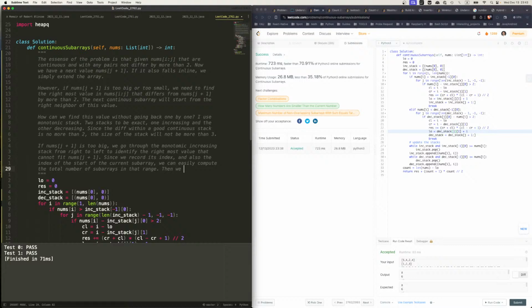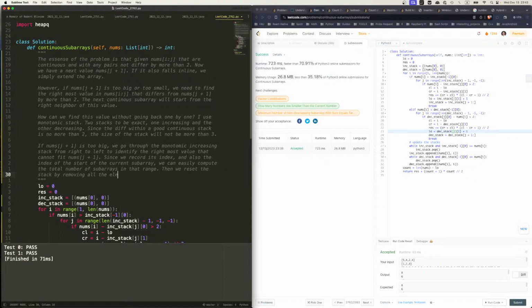Then we reset the stack by removing all the elements to the left of the miss. I need to give a name.